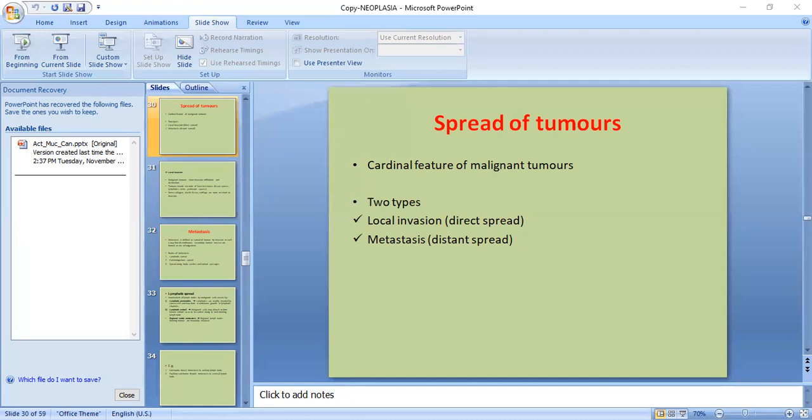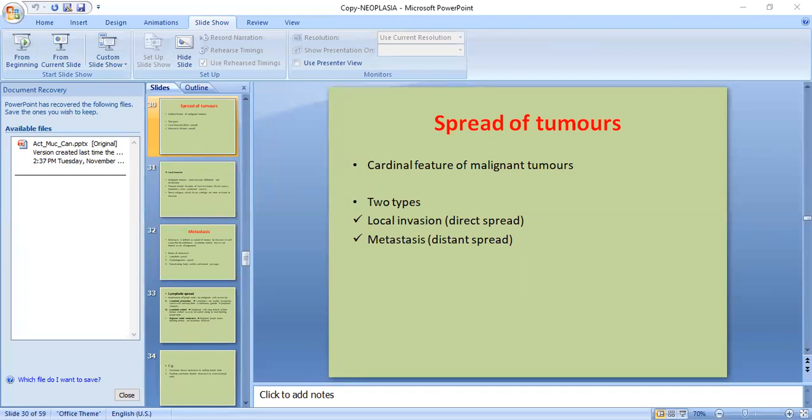Now, mechanism and biology of invasion and metastasis. The process of spread involves passage through barriers before gaining access to the vascular lumen.